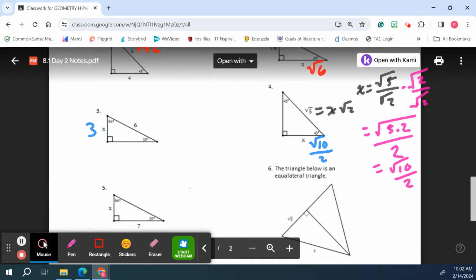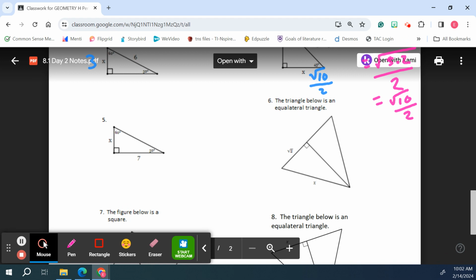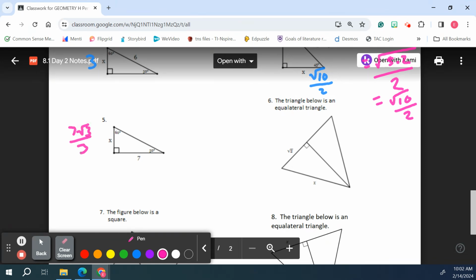All right, let's take a look at 5. So 5 is very similar. Shane, what did you get for that one? 7 radical 3 over 6. Very good. Does anybody need to see this one? Okay. Next, for number 6, Abigna, what'd you get? 2 radical 2, very good.